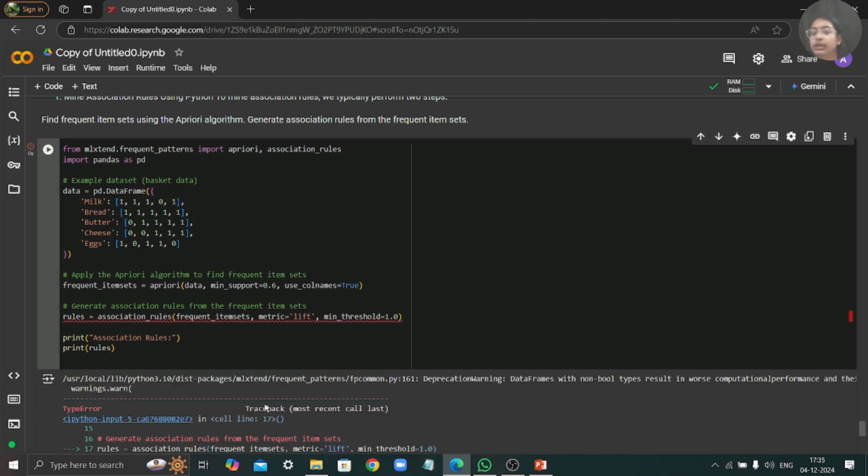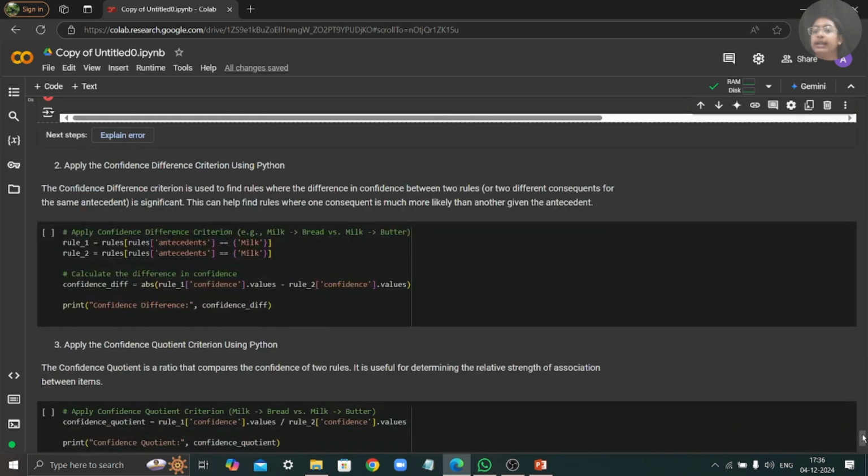So this has got some error, no problem. We have got some issue, but this is how it is going to be found out. Then we apply the confidence difference criterion using Python. Once we have found the association rules, we get the support.